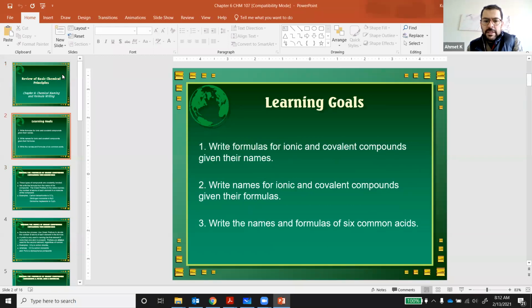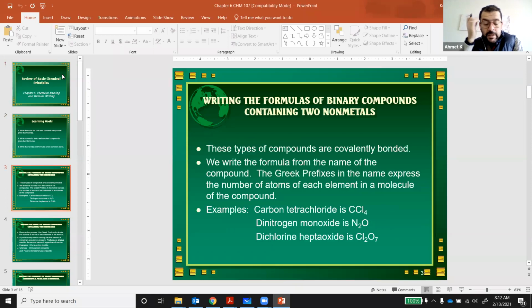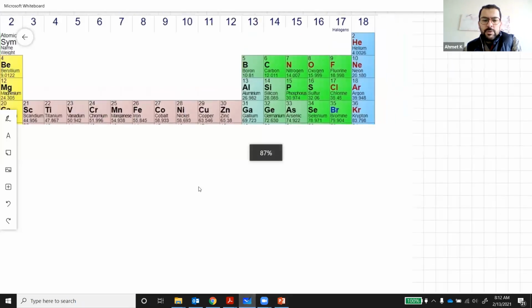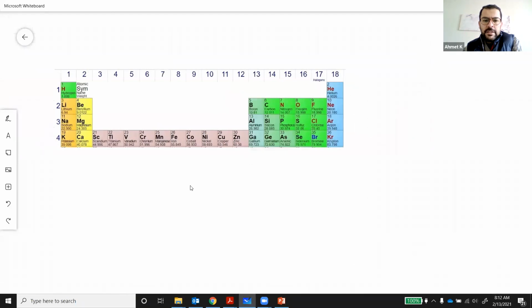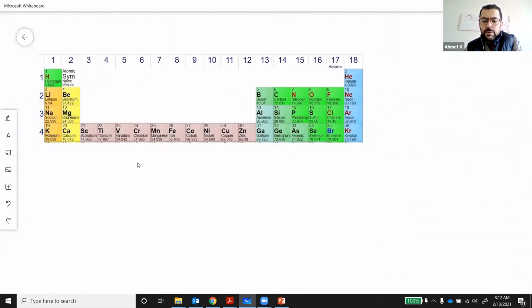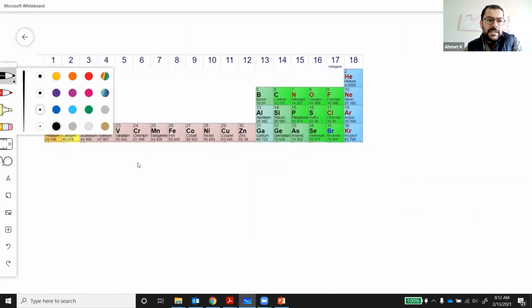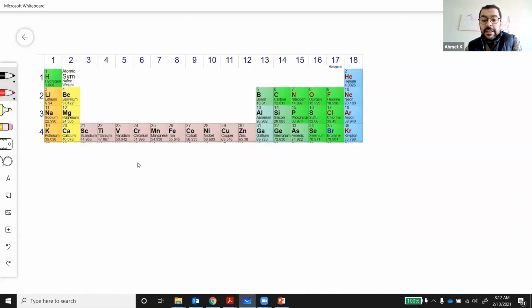When it comes to naming, we're going to look at it in three ways. If you look at the periodic table, we classify the elements in three ways. This is the stairway that I need to look at.